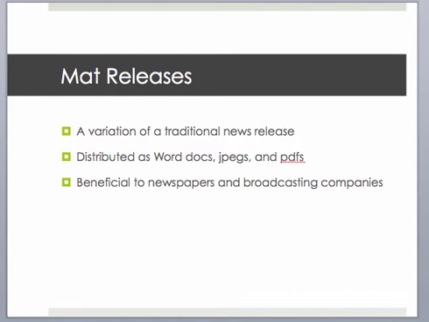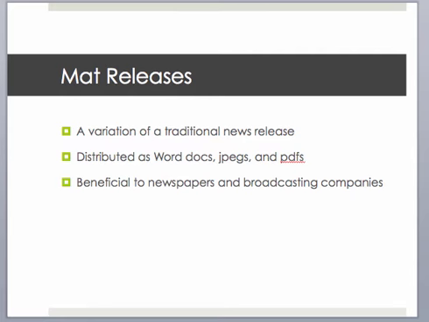Mat releases are a variation of the traditional news release. These provide consumer information and tips on various subjects with only a brief mention of the nonprofit or corporation that has distributed the release. They were originally sent in mat form, but today they are distributed in a variety of formats, such as Word documents, JPEGs, and PDFs.